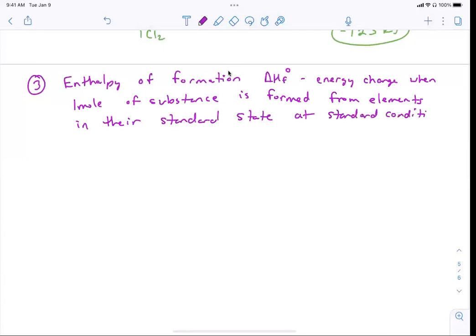It's a lot of words just to say you're making elements into a compound, but you can only have 1 mole of compound as your product. So you might have fractions here, and that's okay.